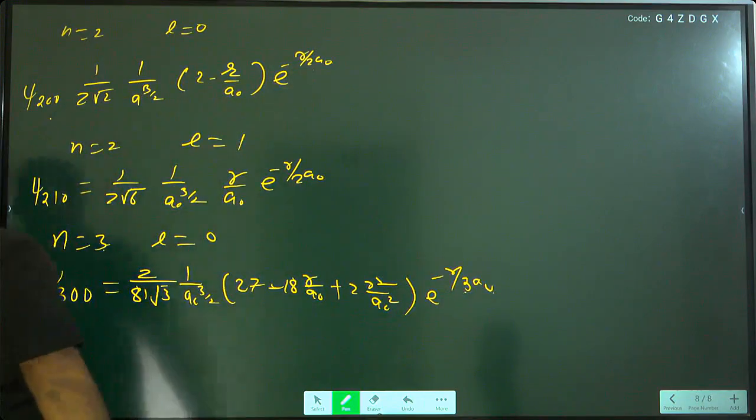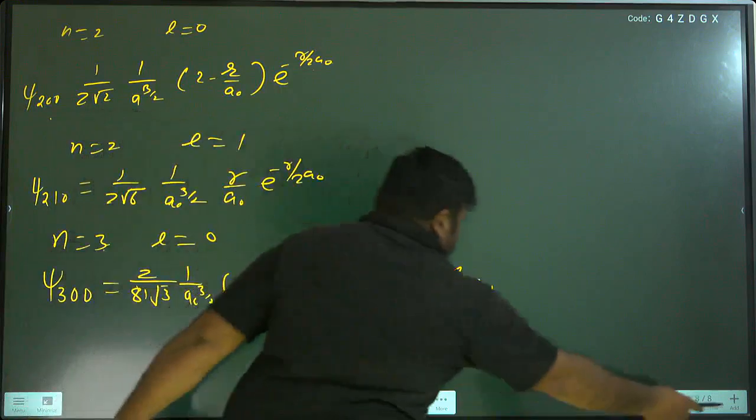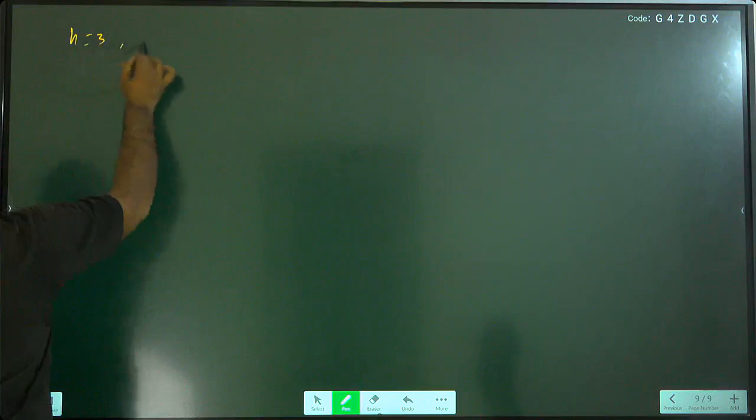Okay, next 3 1. N is equal to 3, L is equal to 1.